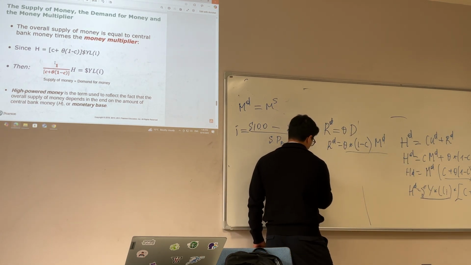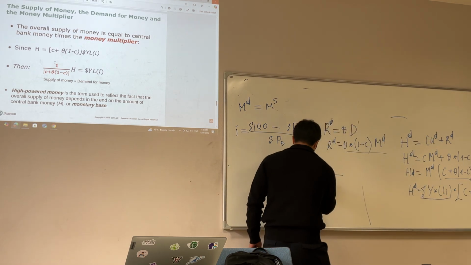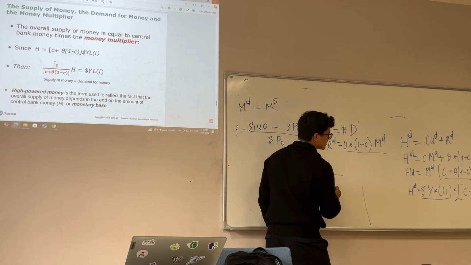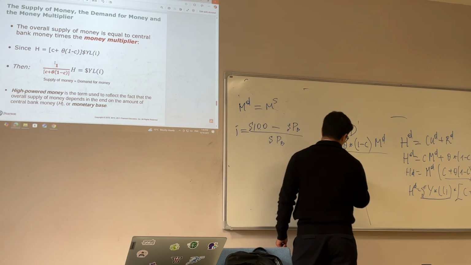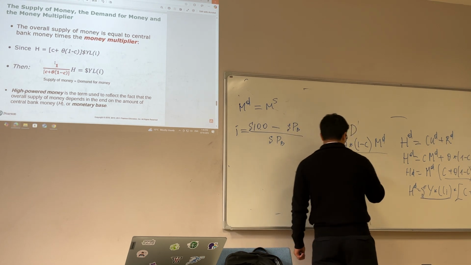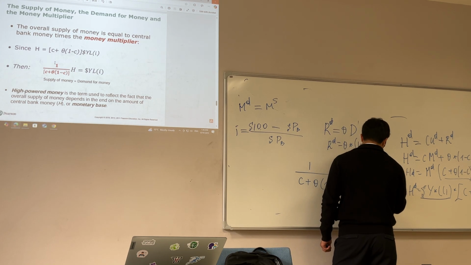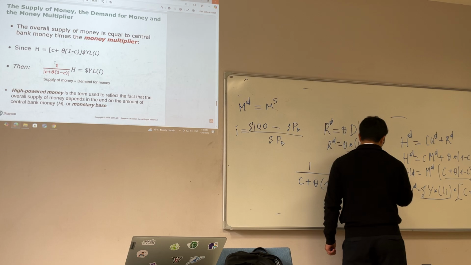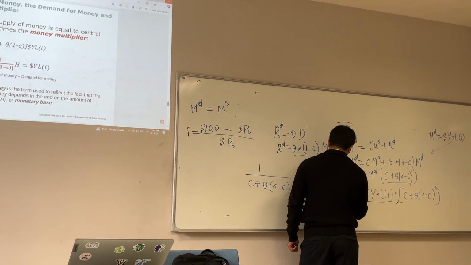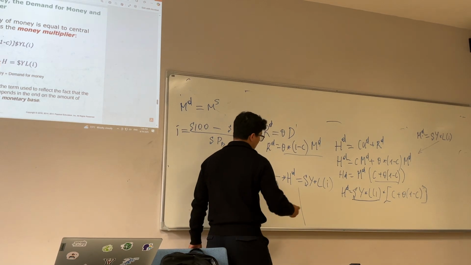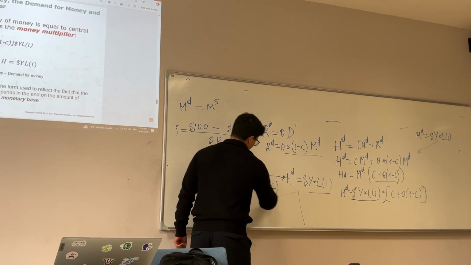So 1 divided by C plus theta 1 minus C, multiplied by HD, equals Y L interest rate, decreasing in the interest rate. That's our demand for money. That's our supply of money.